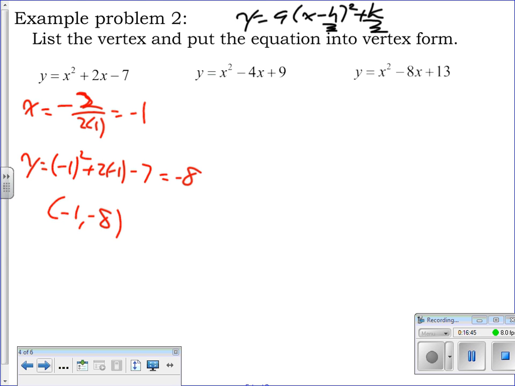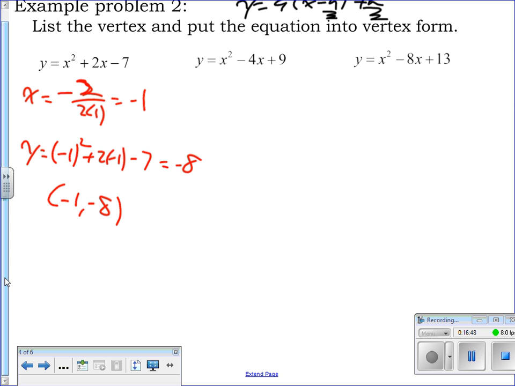Now, a times (x minus h) squared. Remember what I told you? Your a is going to be 1. This is 1 in front here, so you don't have to worry about the a. So you're going to have y equals (x minus something) squared plus or minus something, and these numbers come from the vertex: x minus h plus k, the x-coordinate of my vertex and the y-coordinate of my vertex.